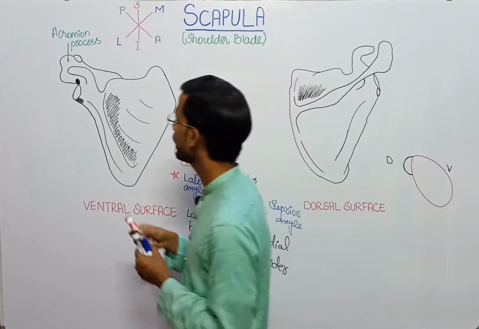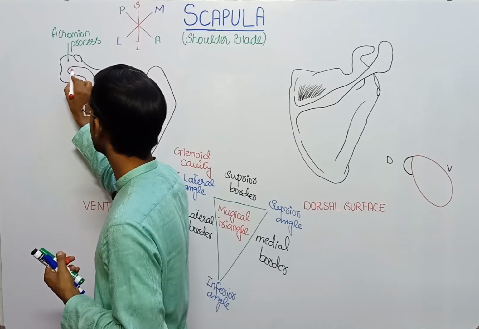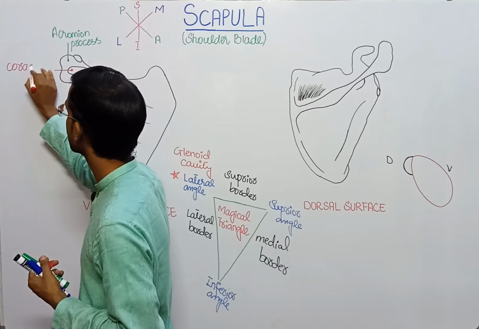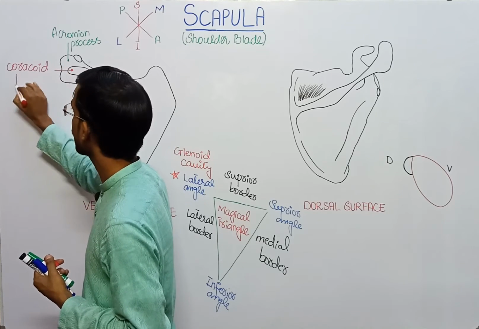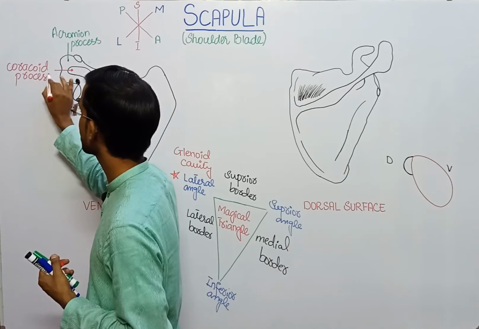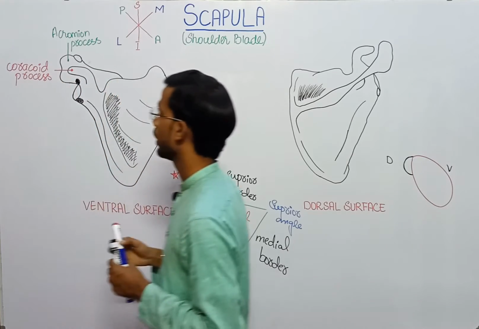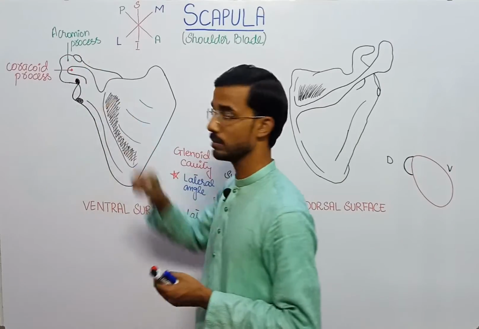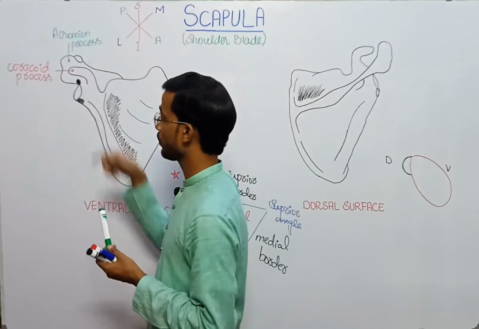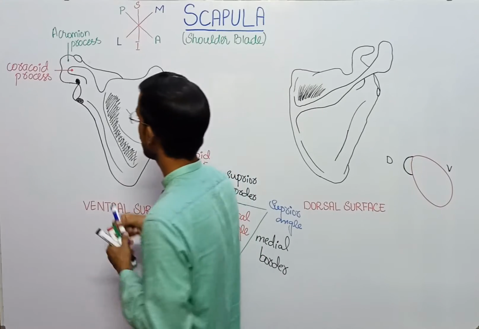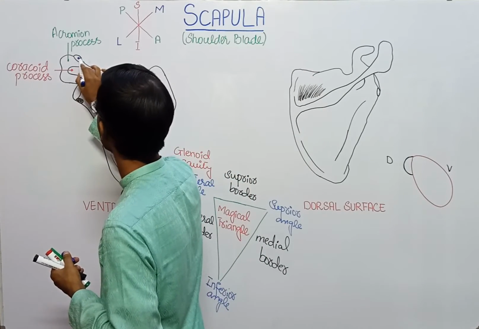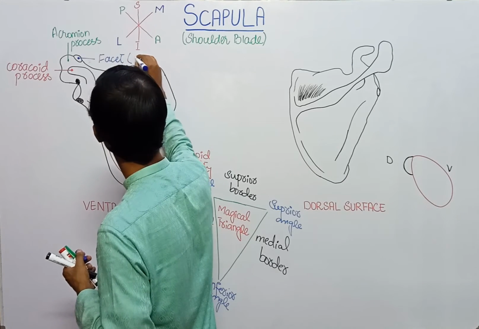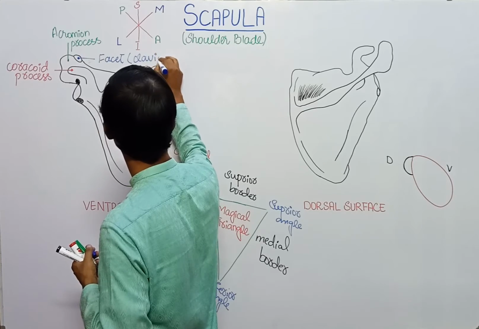and here this is the coracoid process of the scapula. Here you can see at the acromion process there is a facet, or you can say a surface facet, at which the clavicle will attach.